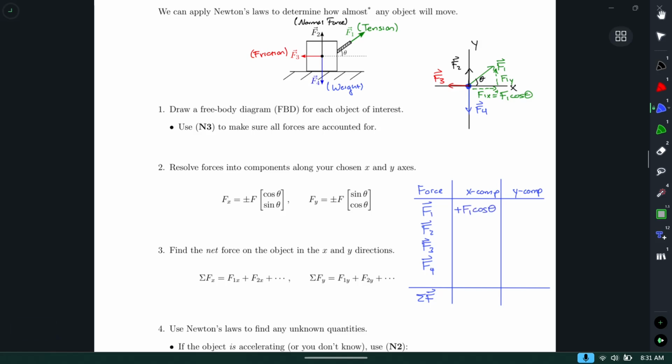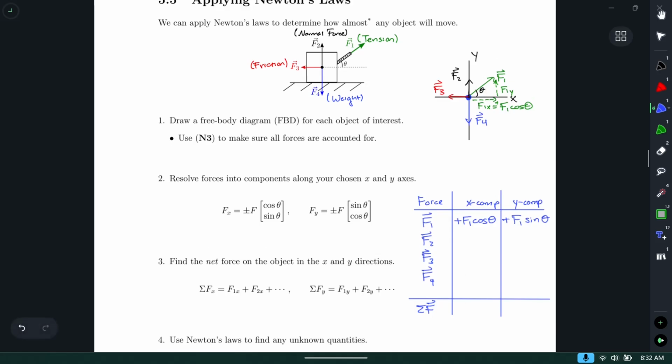And then what about the y component? Positive F1 sine theta. Yep. All right, and so how we're doing that is just remember how we find components. For the x, it's positive if it's to the right and negative if it's to the left.